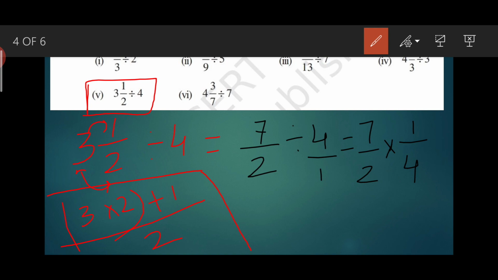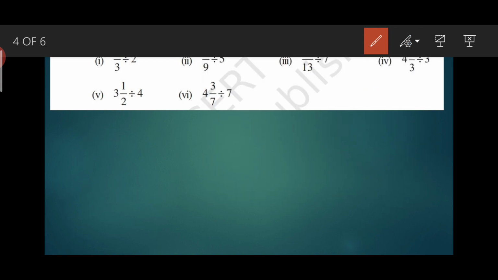You have to multiply both the fractions, that is 7 into 1 divided by 2 into 4. 7 into 1 is 7 and 4 into 2 is 8, and as you see that 7 is less than 8, so you cannot further divide it by 8. So this is our final answer of part 5. Is that clear? Now moving on to its sixth part, that is this part.